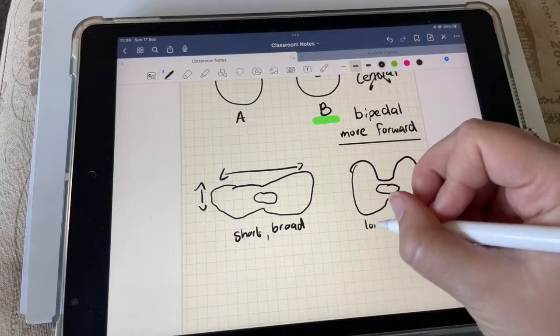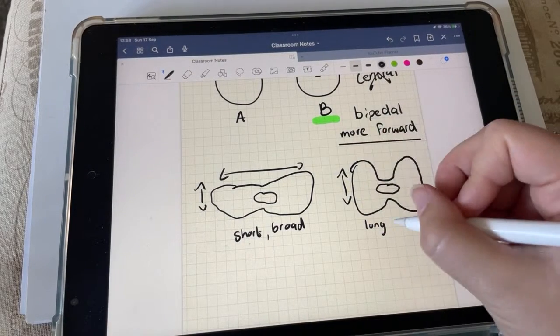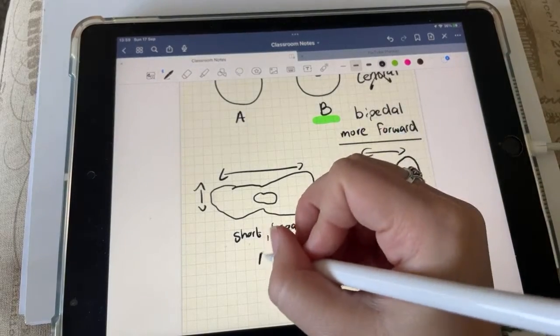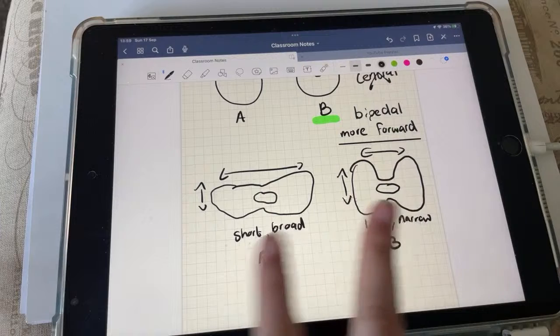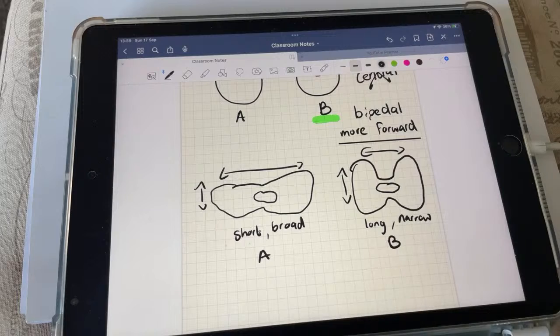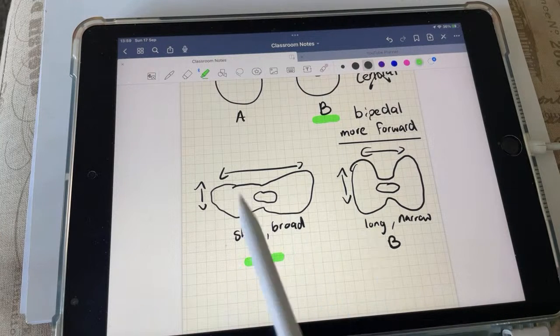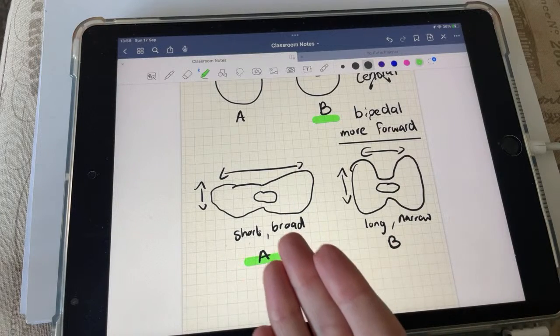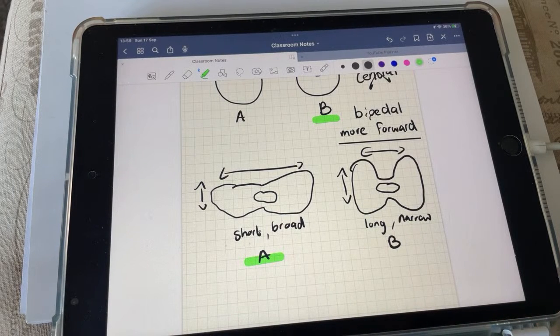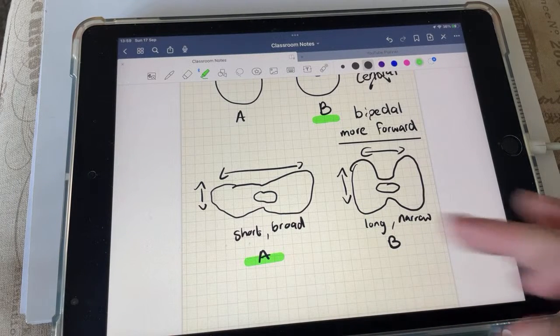This one is long this way and narrow, which means this way. So between A and B, out of these two pelvises, which one is the bipedal organism? Hopefully, everybody is going to say A. Why? Because a short, broad pelvis holds up the entire body weight in an upright structure.